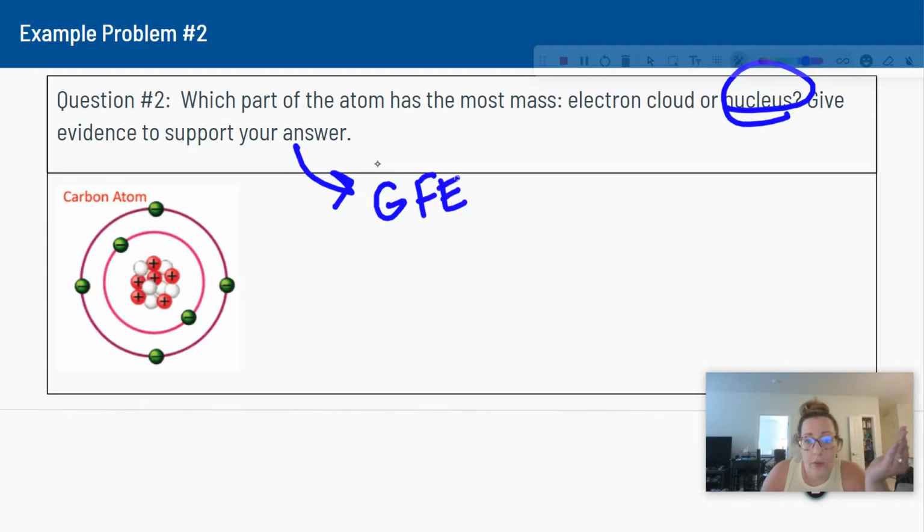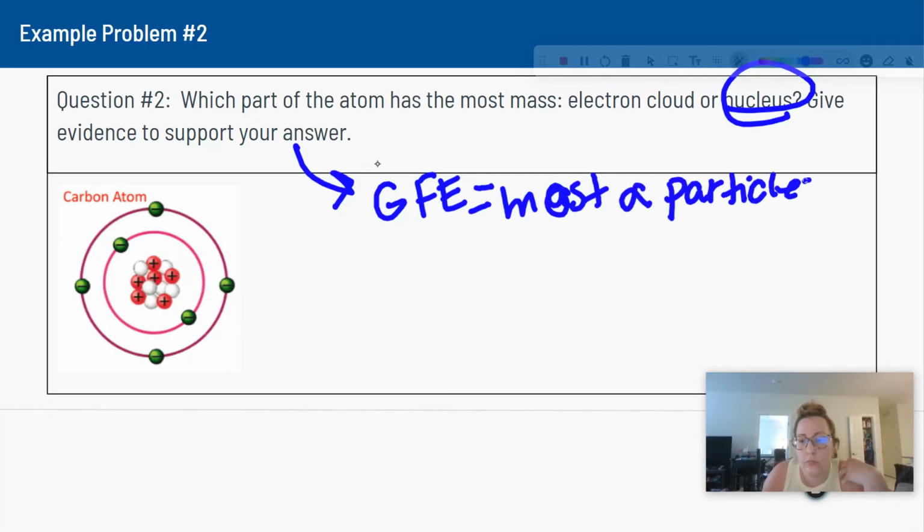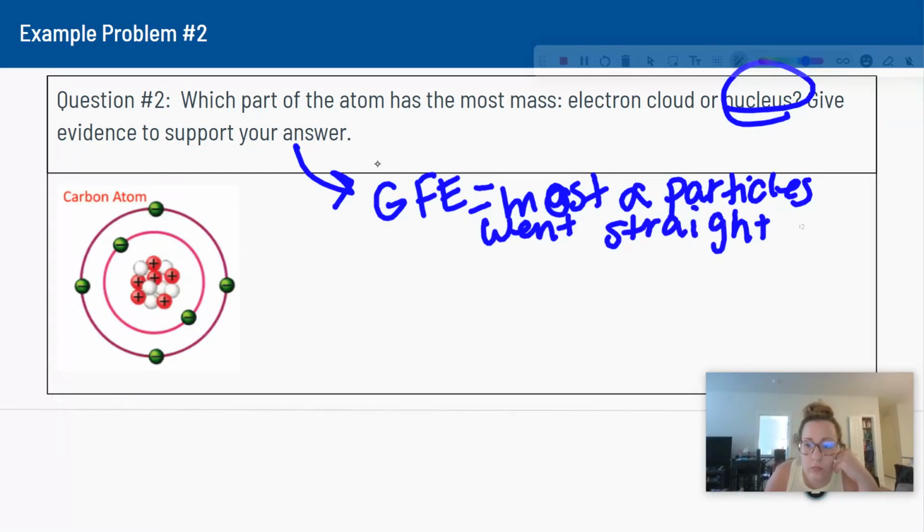So I'm just going to abbreviate that GFE, gold foil experiment, that most alpha particles went straight through. But the ones that hit the nucleus were a very small amount.